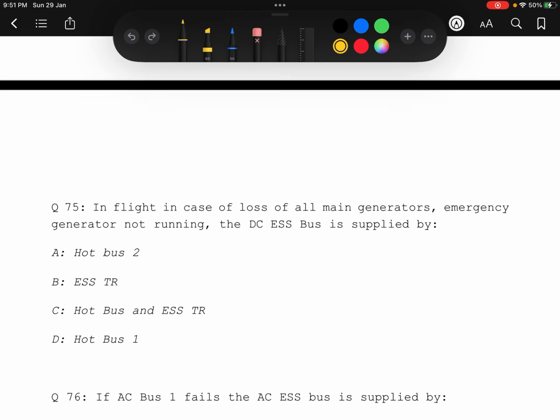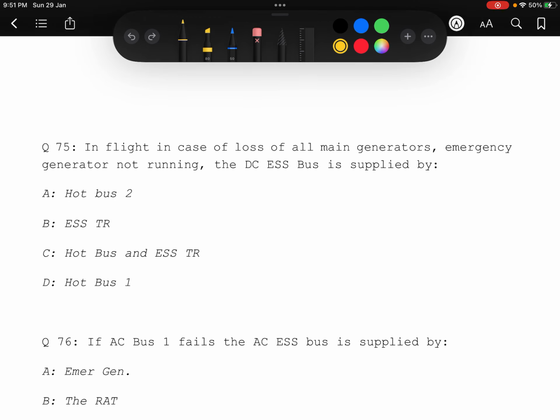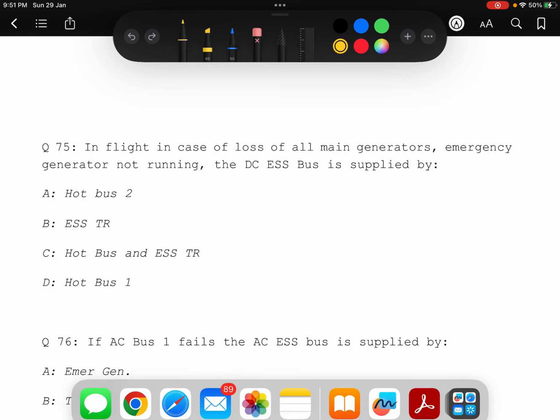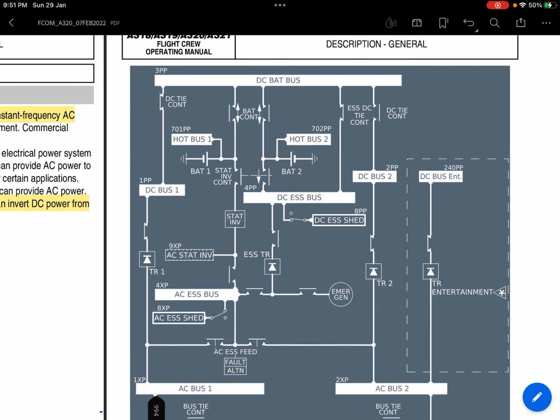In flight, in case of loss of all main generators, and suppose the emergency generator is also not running, so the DC essential bus is supplied by... Now I am sure you will be able to answer this question very easily. I am opening the diagram and repeating the question for you.